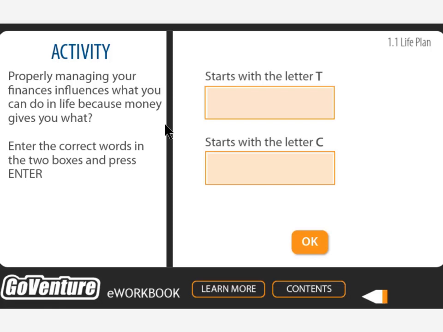So you start with the workbook, do the activities, click Learn More if you want to learn more, and you can just keep going through this e-workbook. The e-workbook will save your progress, so if you spend a few minutes with it now and then quit and come back another time, it will continue from where you left off.